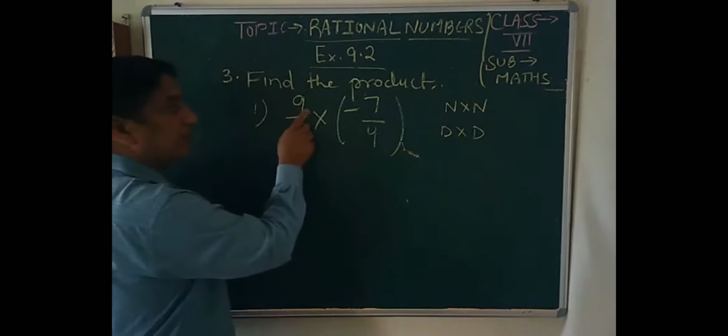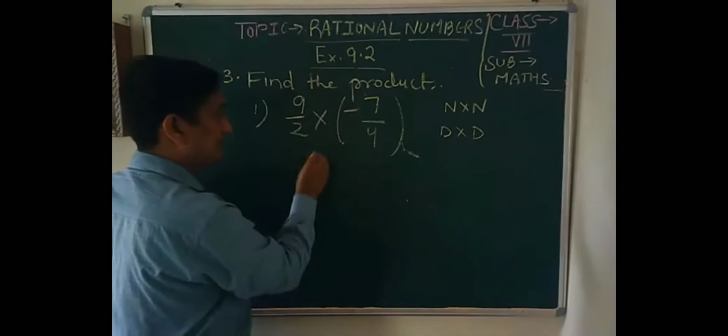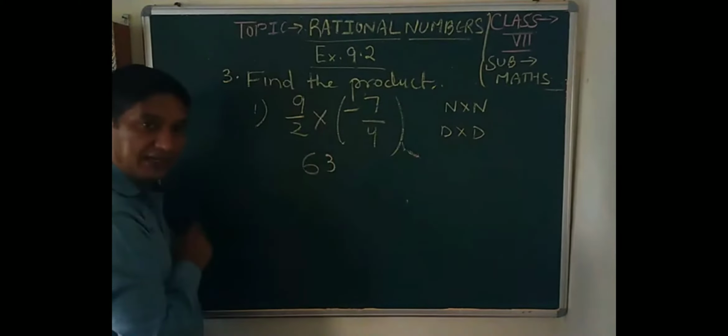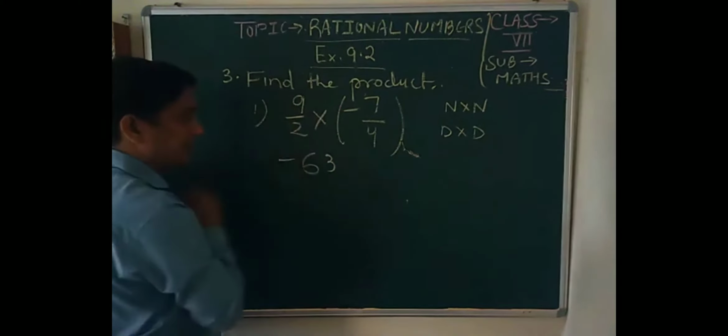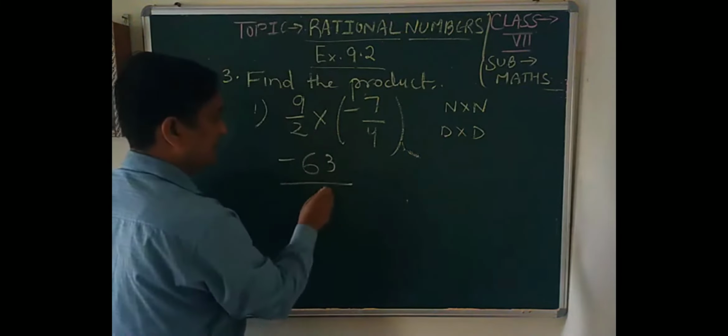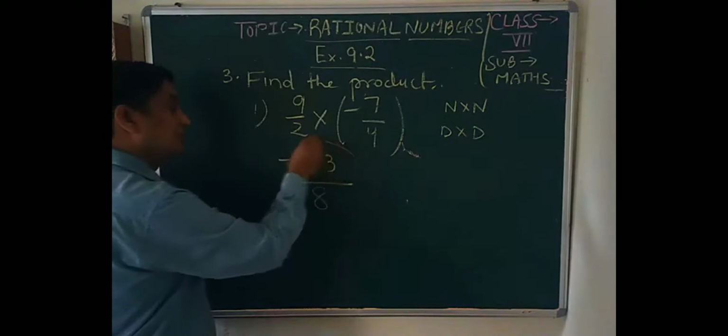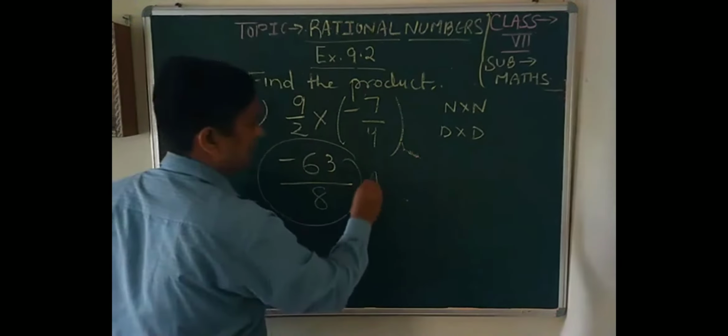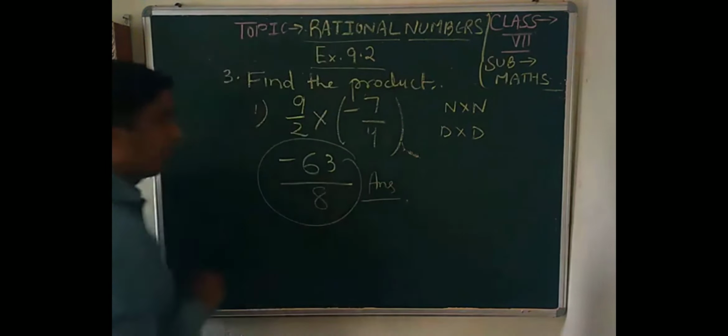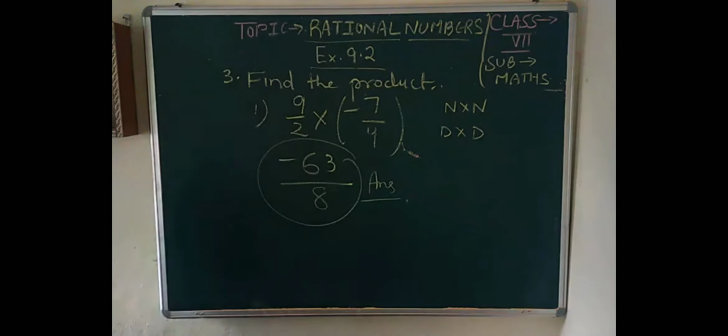Now multiply, 9 7s are 63, plus minus is minus, 2 4s are 8. And they are not divisible, so this is your answer: minus 63 upon 8.